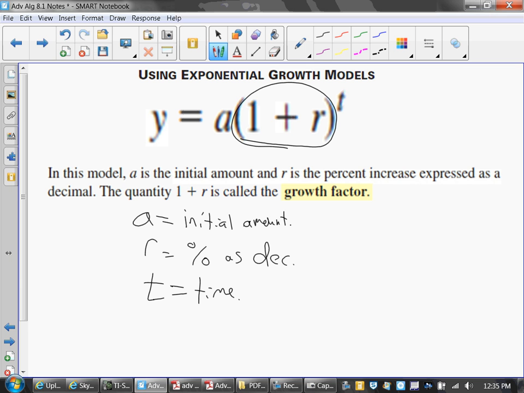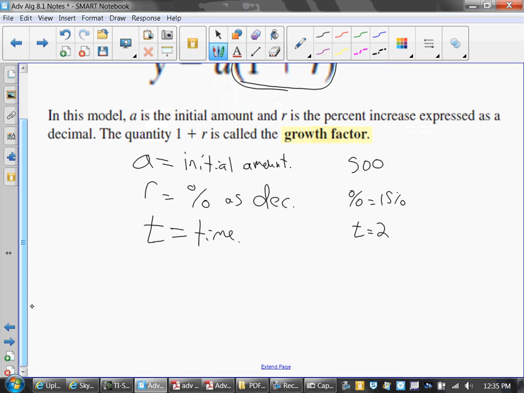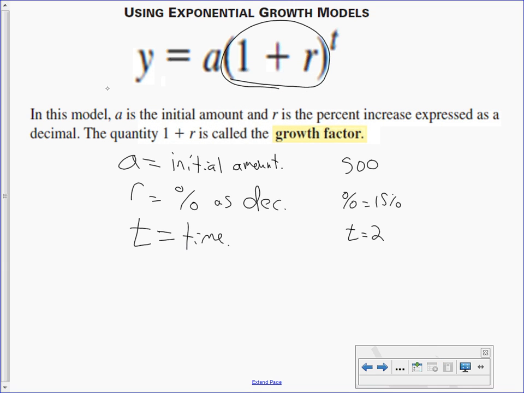And let's say we have the following parts. Let's say you have $500 for an initial amount. Your percentage was 15%, and we'll say time is 2. Let me show you what that looks like when you substitute it all in. You wind up with 500 times 1 plus 0.15 to the 2.